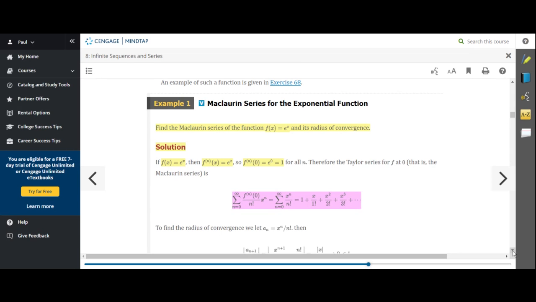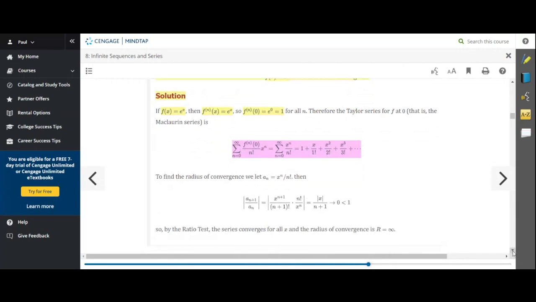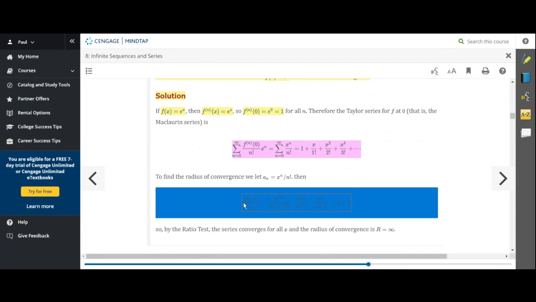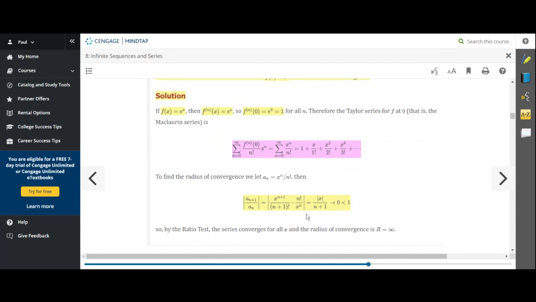All right. Now the radius of convergence. We have a power series, and you use the ratio test to get the radius of convergence. You take the ratio of the n plus first term of the power series and divide it by the nth term.